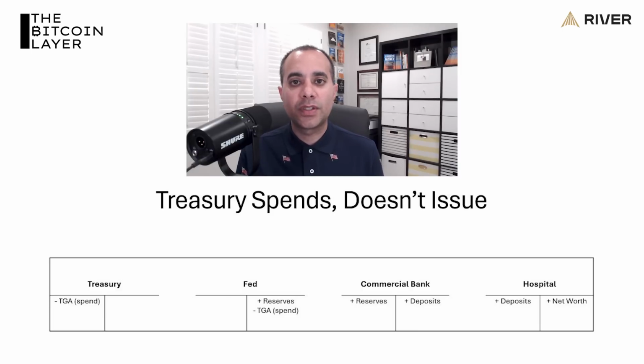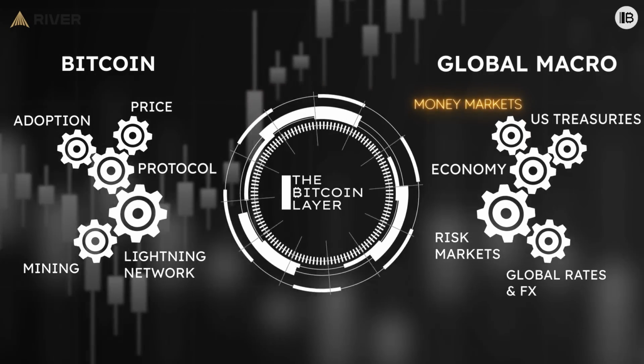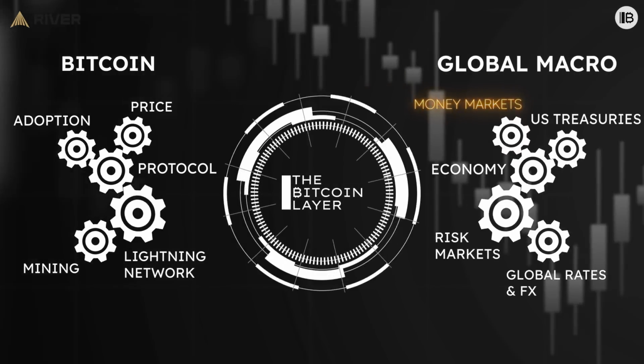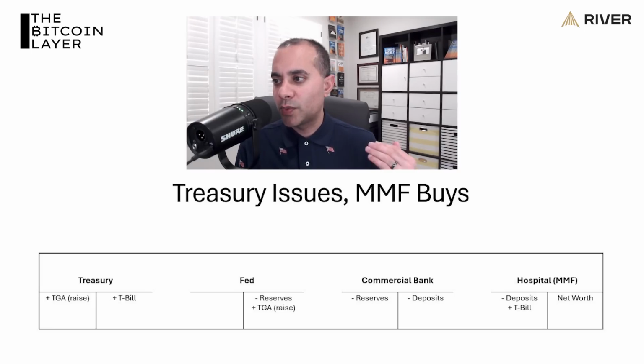Okay, in this next chart, I have Treasury issues, and the new T-bill is purchased by a money market fund. So the Treasury issues by adding a T-bill to its balance sheet, so more debt raises cash plus TGA. At the Fed, we have a build in the Treasury's general account being offset by a debit of reserves, so that those reserves come out of the banking system.